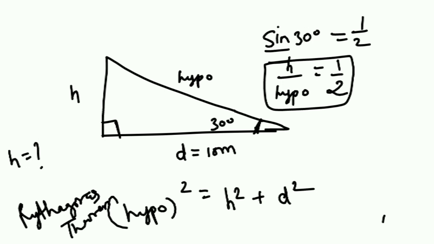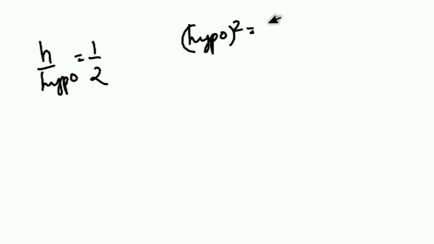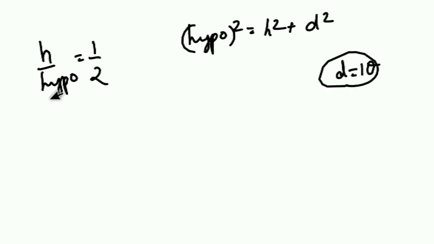Now let's solve this. You have height divided by hypotenuse as half, and hypotenuse square is equal to h square plus d square, where d is equal to 10. So you can write hypotenuse is equal to 2h.